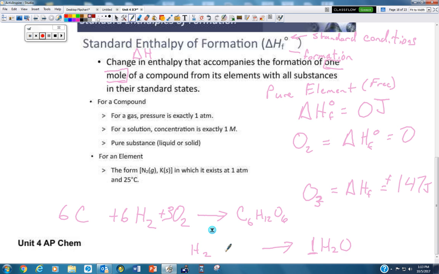We have H2 plus O2 is how we find both of those in nature, but we can't do that under normal situations. So in heat of formation, you can have fractional coefficients.